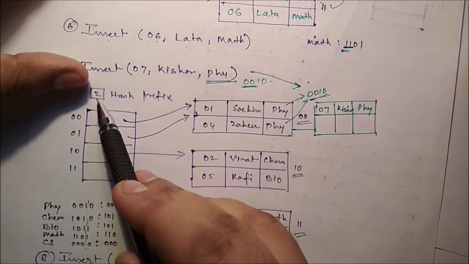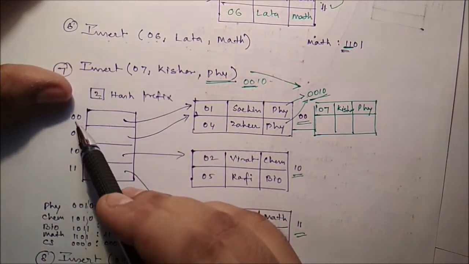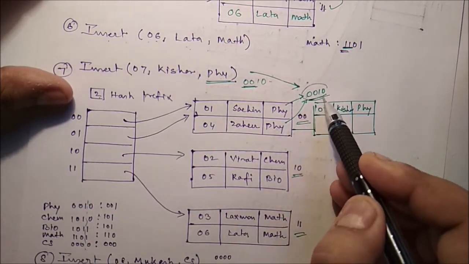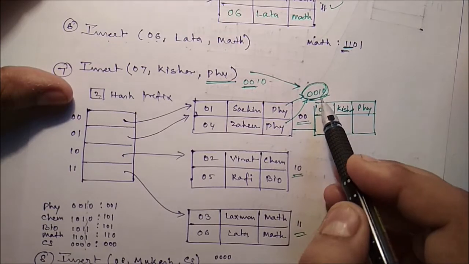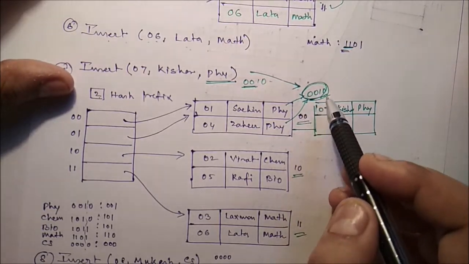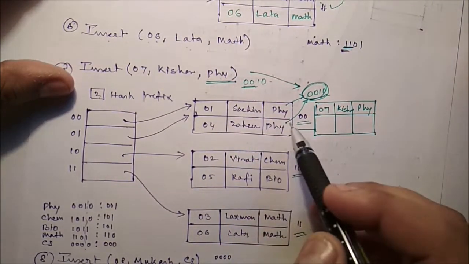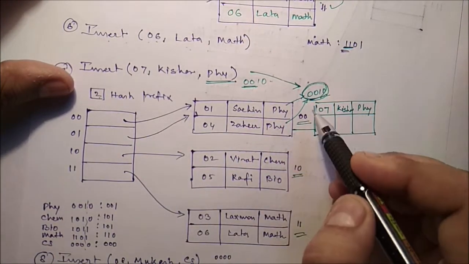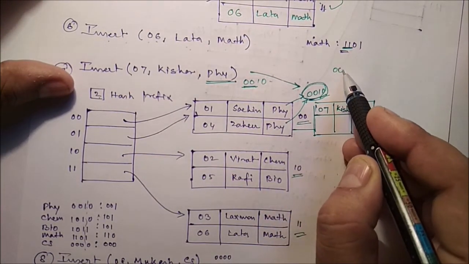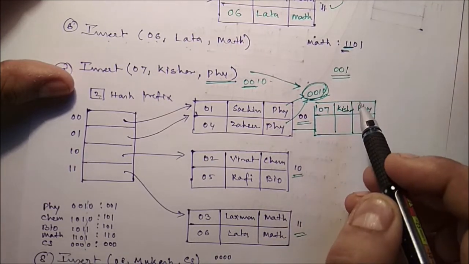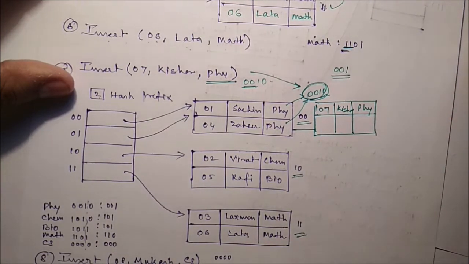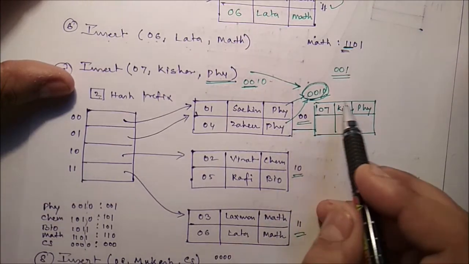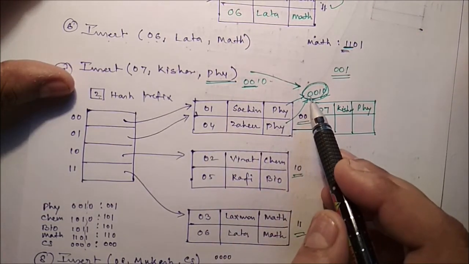Because if you increase the bits from 2 to 3, the combination will be 0 0 0, 0 0 1, 0 1 0, but this combination is fixed. We have to accommodate all the physics data in a single bucket, because if you increase the bits, for all the physics we always have to insert in the 0 0 1 bucket. So anyhow we have to create one new bucket for this particular code 0 0 1 0.